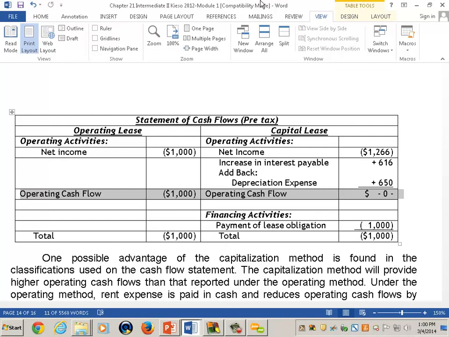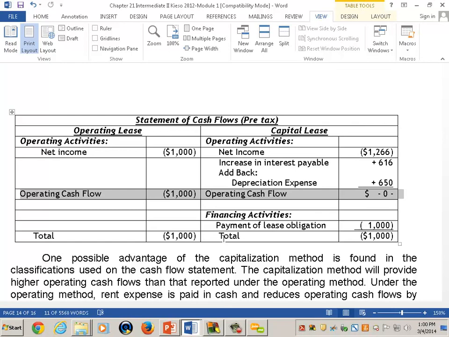Okay, any questions on the statements themselves? Any questions on capital versus operating so far? Anything we looked at today? Some of the definitions. Again, just to recap, some of the trigger points you have to think about.